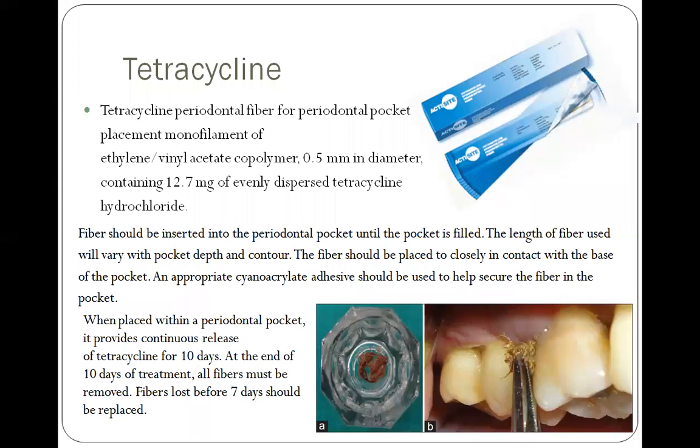Tetracycline here comes in periodontal fibers, placed as a monofilament of ethylene vinyl acetate copolymer, 0.5 millimeter in diameter, very small, and contains 12.7 milligrams of evenly distributed tetracycline hydrochloride. So if we cut the fibers, we will have the same amount of tetracycline, just evenly distributed along the fiber.